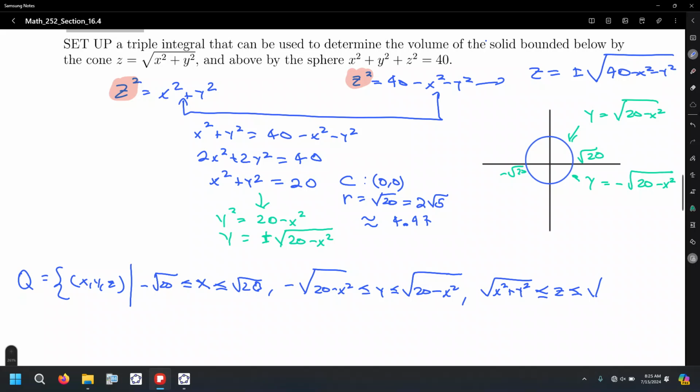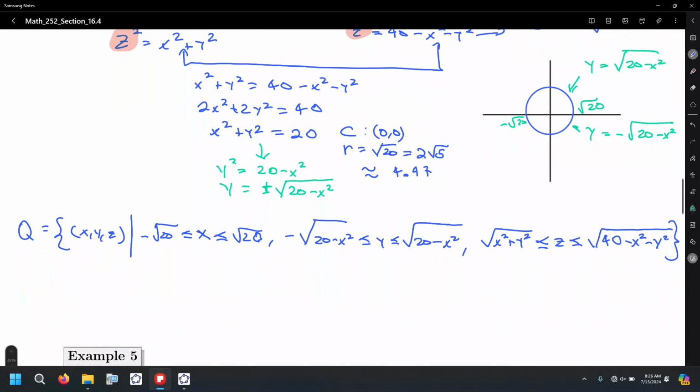When we solve for z, we get two expressions, one positive, one negative, because of the square root property. However, one of those will be the relevant one. Which one do you think it is? The positive, because it's the upper hemisphere, right? So that is the square root of 40 minus x squared minus y squared. All right. And let me close with curly braces.